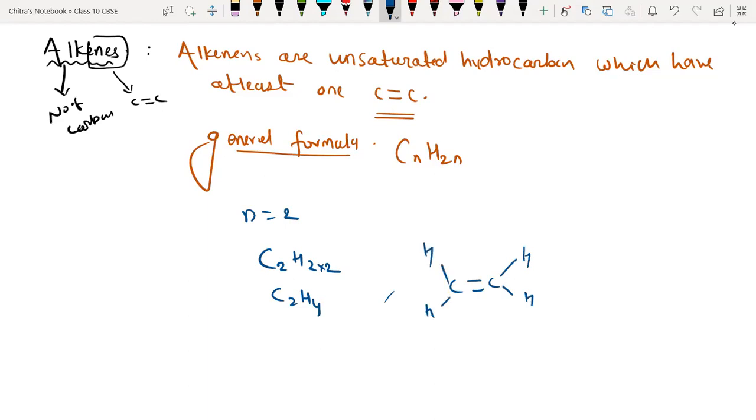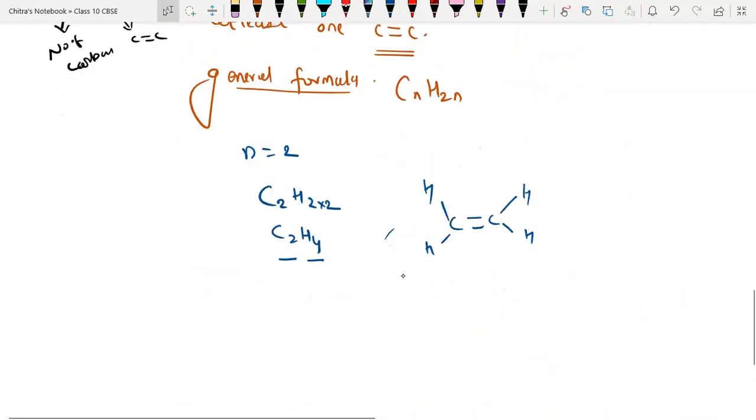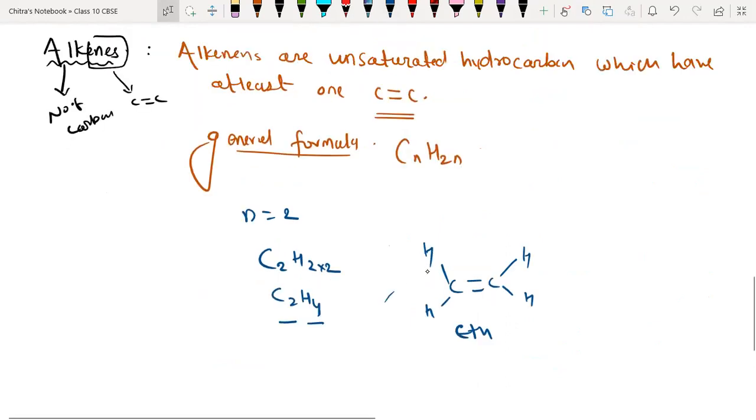Here we have 2 carbons, so C2, and 4 hydrogens, so H4. For 2 carbons we use eth, and for double bond we use ene. So it will be ethene.